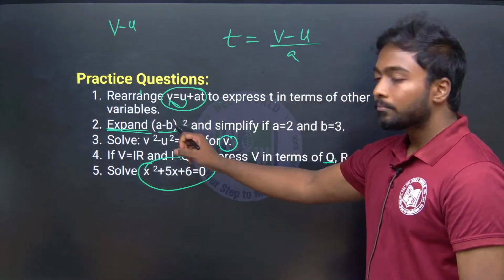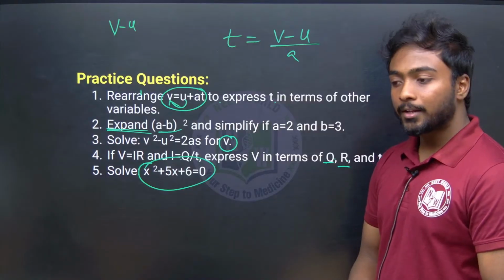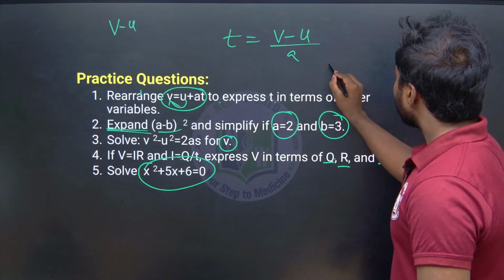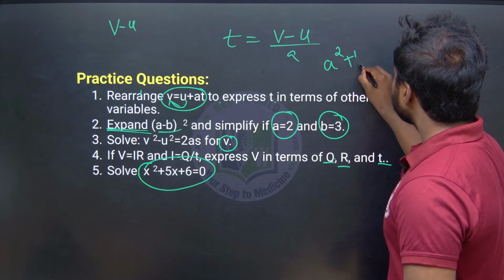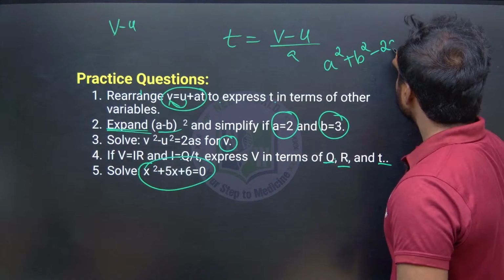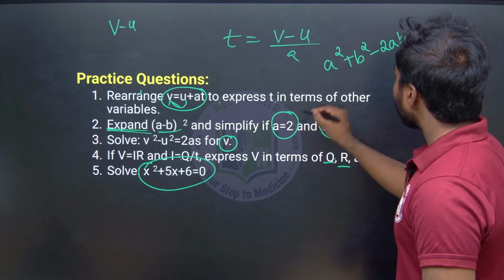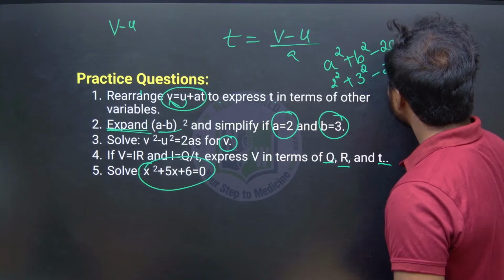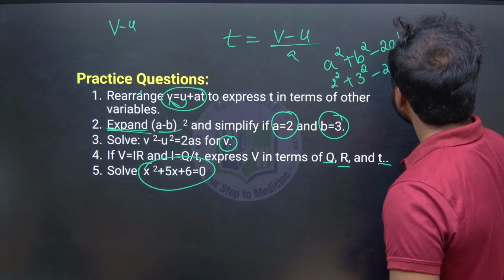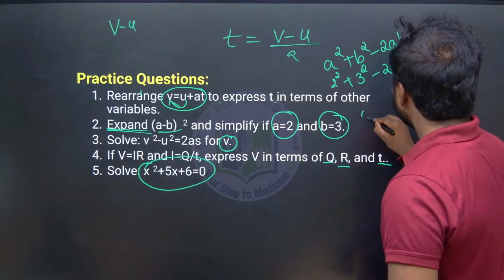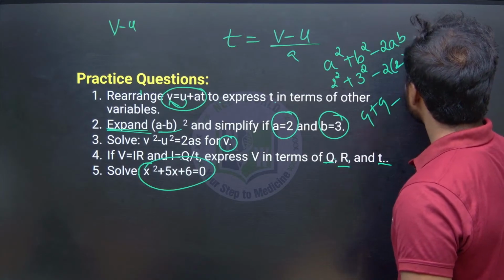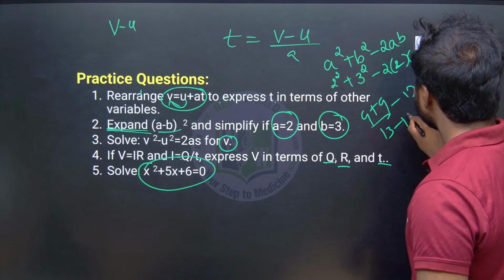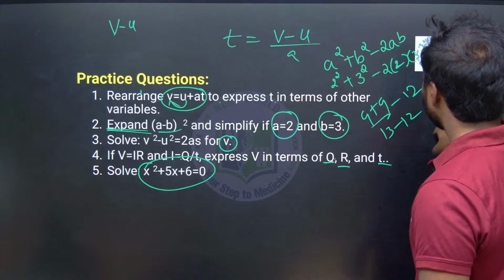First expand this: a square plus b square minus 2ab. Substitute the values for a and b: 2 square plus 3 square minus 2 times 2 into 3. So 4 plus 9 minus 12, that is 13 minus 12, which is 1, right.